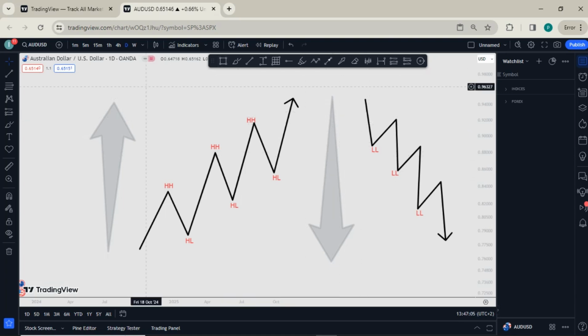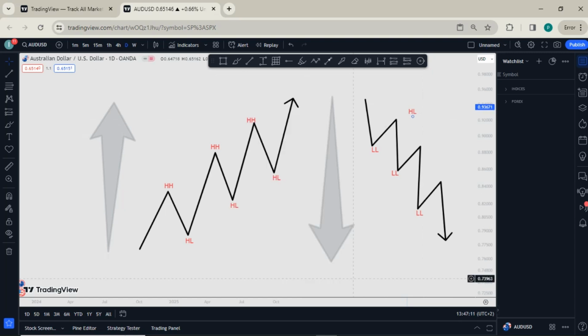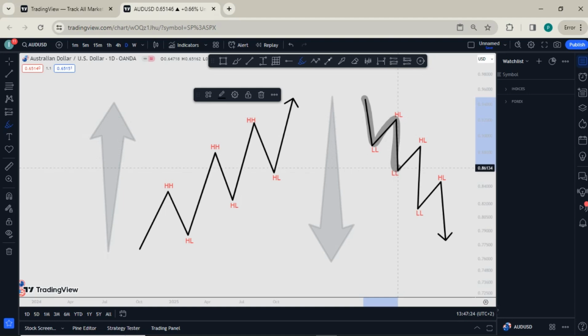And then we're also going to have our lower high like this, our lower high like this, and then our lower high, our lower high. So therefore, on a downtrend, we're going to have something like lower low, lower high, lower low, lower high, lower low, lower high, and so on and so on. So this is our downtrend.